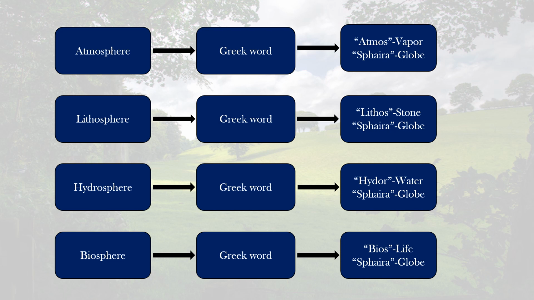And the vast diversity of living organisms comprises the biosphere, which is also a Greek word. Bios means life, and spira means globe. The life that surrounds the globe is the biosphere. And all these spheres are interdependent and form an ecosystem for living matter.